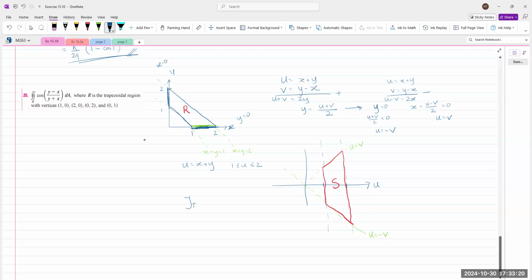The Jacobian of T inverse, this is our T inverse, right? The Jacobian of our T inverse will be the absolute value of the determinant 1, 1, negative 1, 1. So that will be 1 minus negative 1, which is 2. So the Jacobian of T will be 1/2.